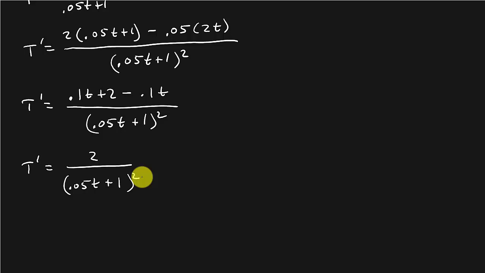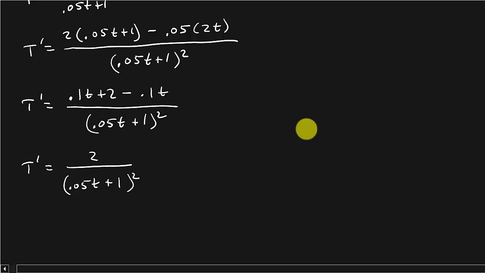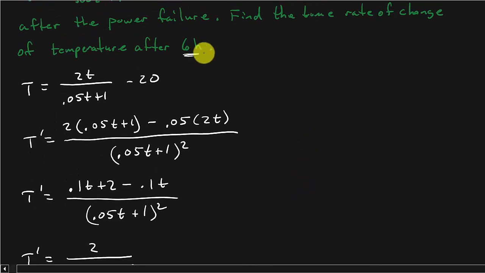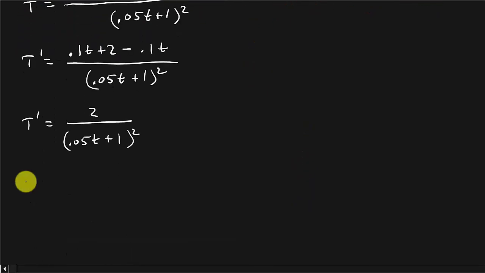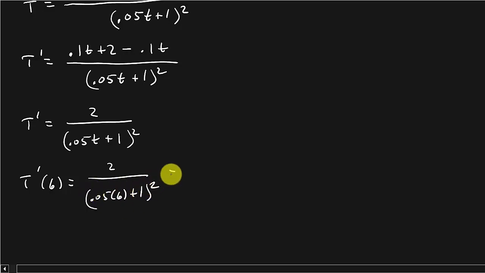Well, we've got the derivative, so now we just plug the 6 in. And so T prime of 6 is 2 over 0.05 times 6 plus 1, squared.